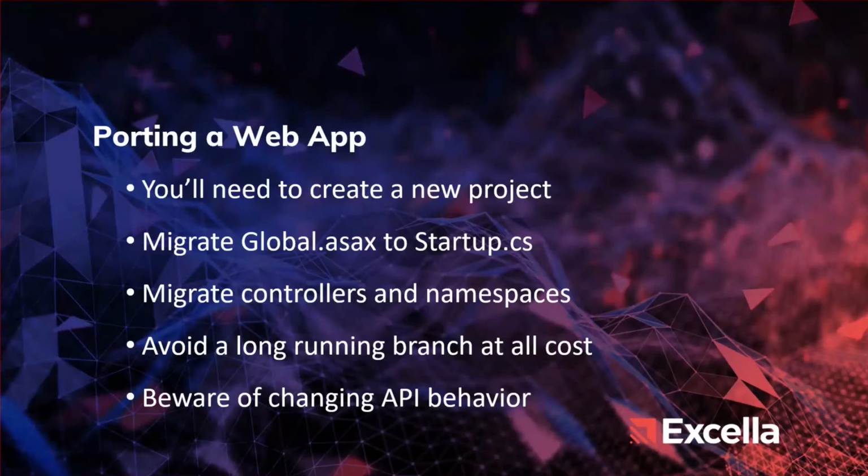But basically what you need to do here is migrate everything you have in your regular global.asax to something called Startup.cs. They are both similar and different in the way they work, but basically all your filters, your action delegates and your exception filters, all your infrastructure code, needs to go over to a Startup.cs file. You also need to migrate your controllers and namespaces.